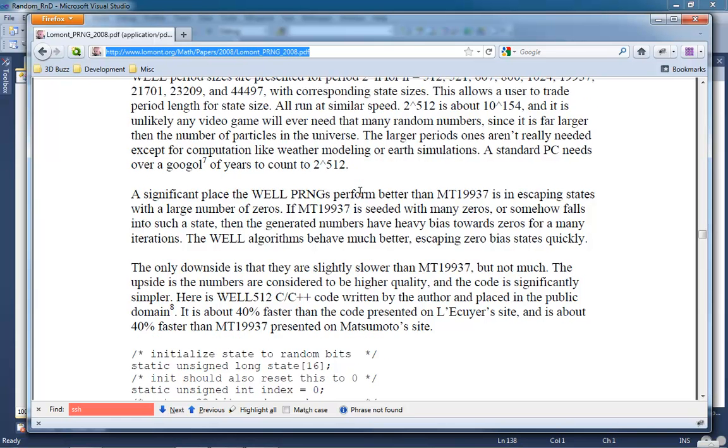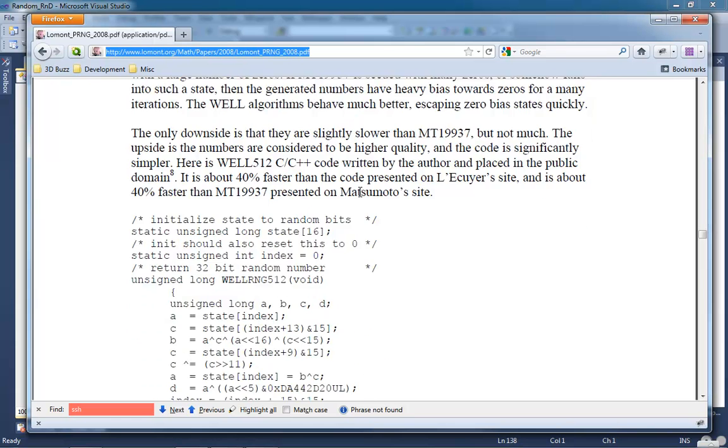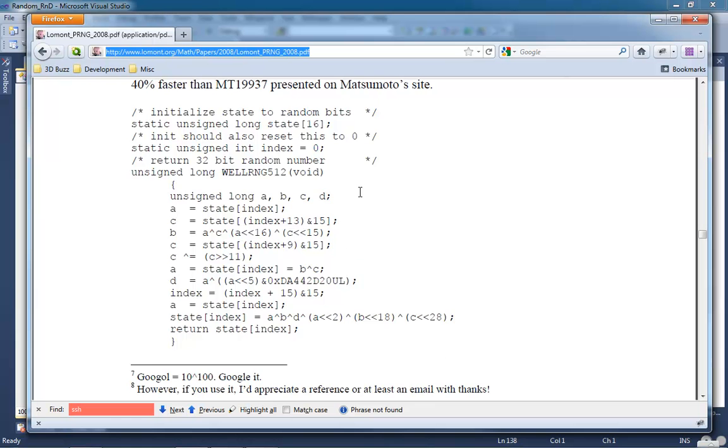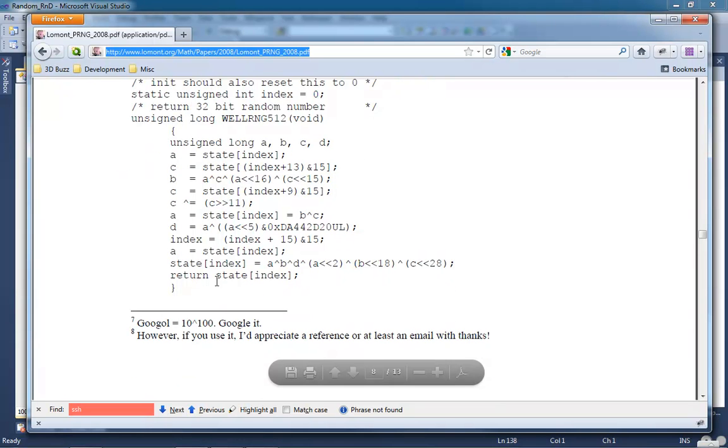Right. So now the cool thing is they were kind enough to include some of the code that is needed inside of these different algorithms for implementing on your own. So if you want to experiment with any of the other ones, I highly encourage looking at this paper as well as researching Wiki and some of the other sites.